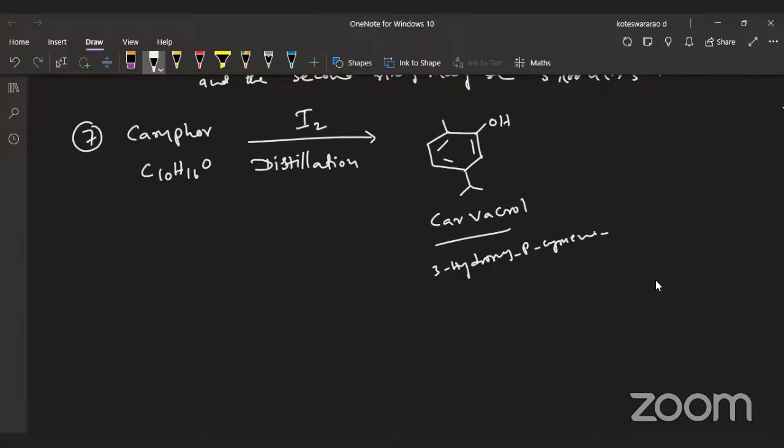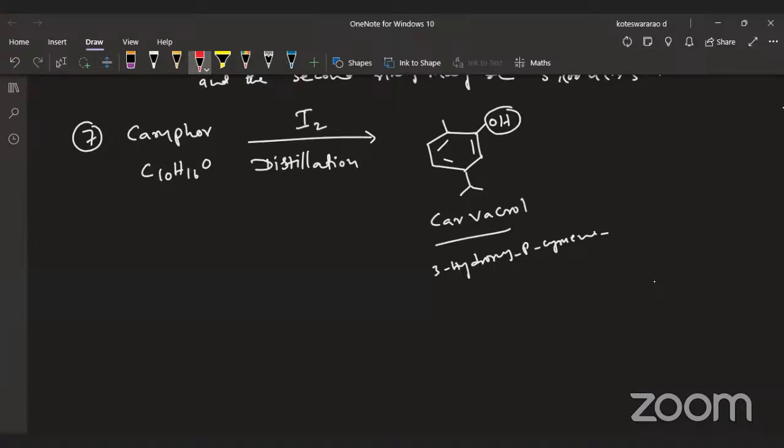What is the indication? In the new compound, an OH group is present. That OH group is generated from the keto group which is present in camphor.